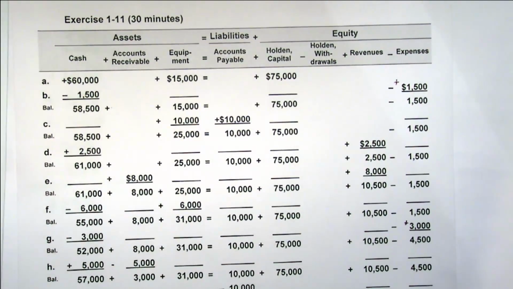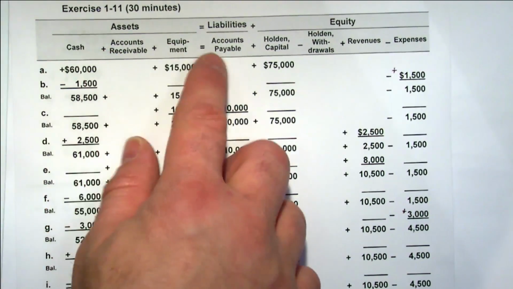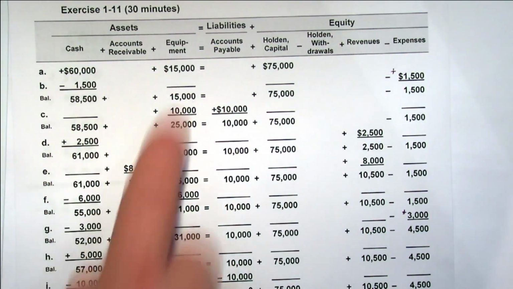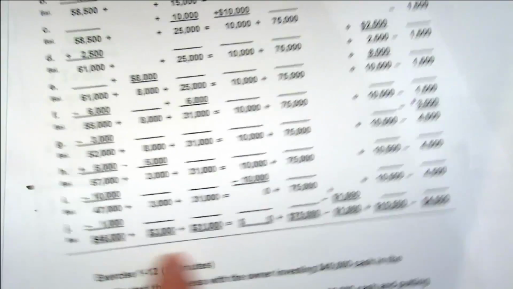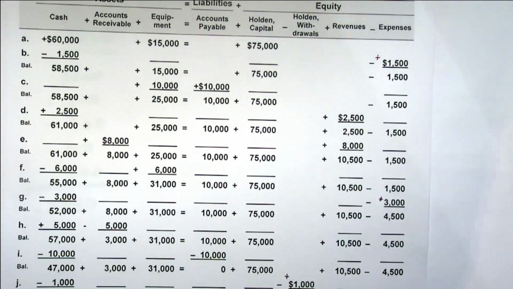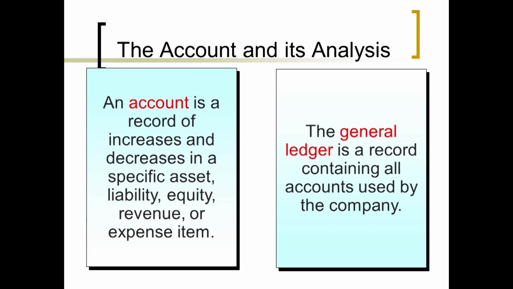This is kind of like, for your purposes now, a general ledger, because it had a lot of different accounts, and it showed their increases and decreases, right? And it showed you the ending balances at the bottom. So that exercise 111 solution was kind of like this general ledger that they're talking about, a record containing all of the accounts used by the company. Okay?